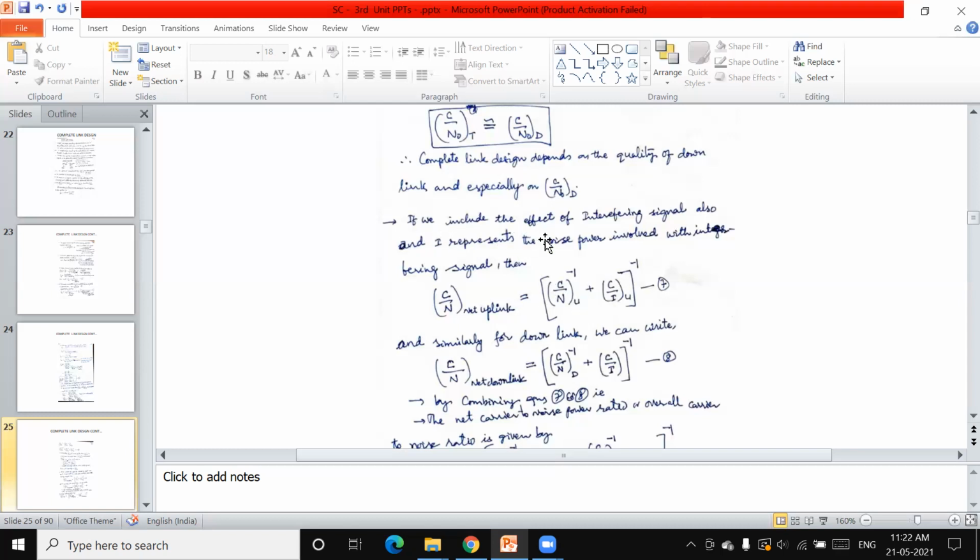That is what the above statement says: if we include the effect of the interfering signal, and I represents the noise power for that interfering signal.